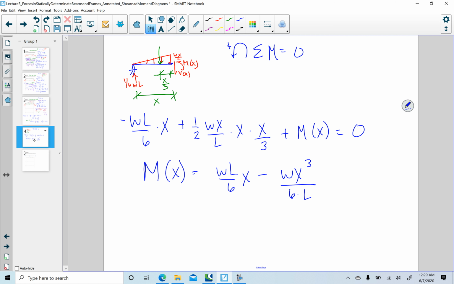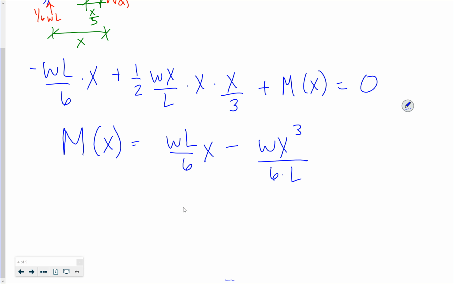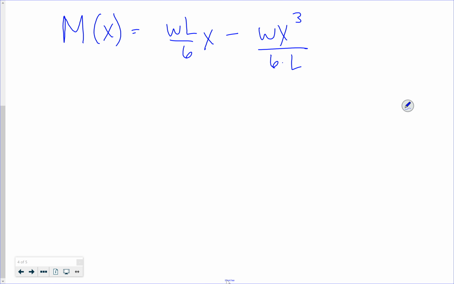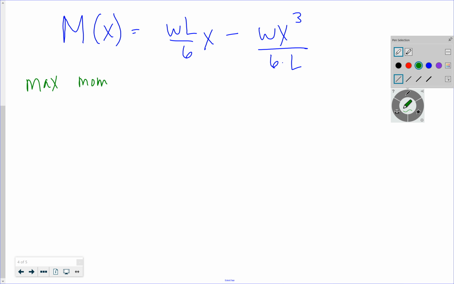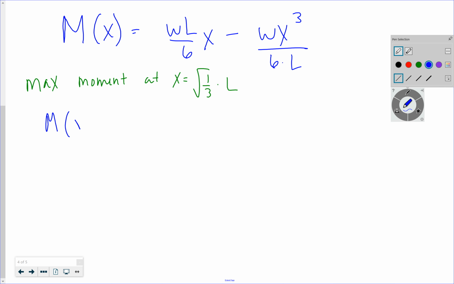There should be a maximum moment at X equal to the square root of 1 over 3 times L. So if I want to know what that is, M of X equals square root 1 over 3 L.